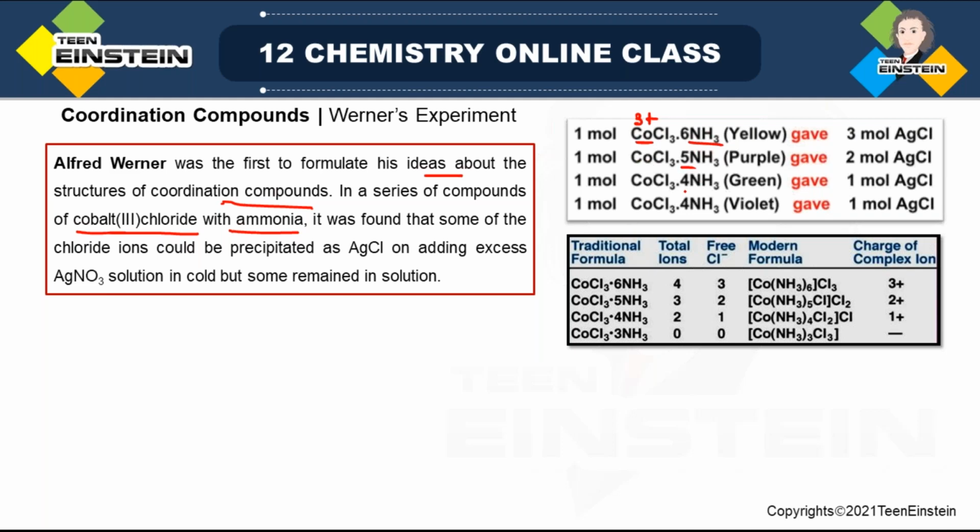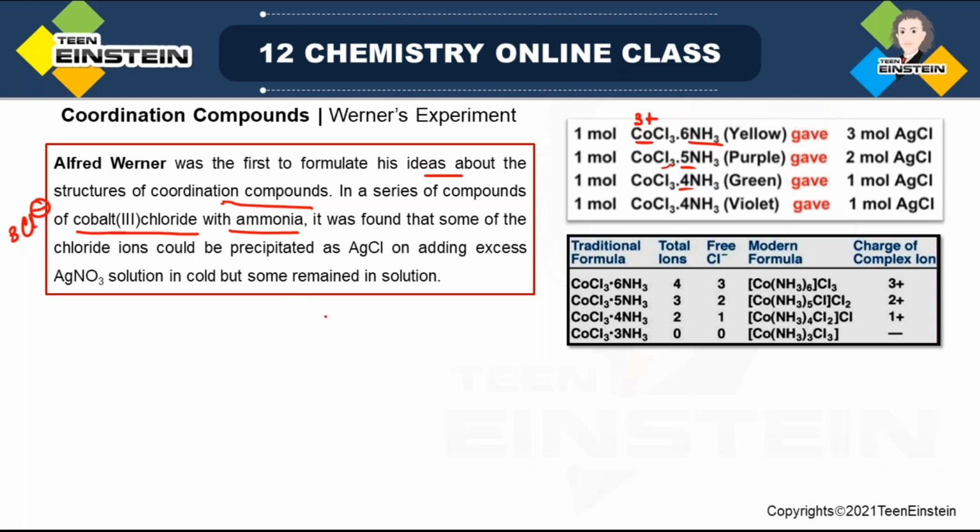But the ammonia number may vary. It is 6, 5, 4, 4. But Cl is always 3. Now, in a series of compounds of cobalt chloride with ammonia, because we have taken a total of 4 types of compounds, in each case there are 3 Cl-, that is clear from the formula.